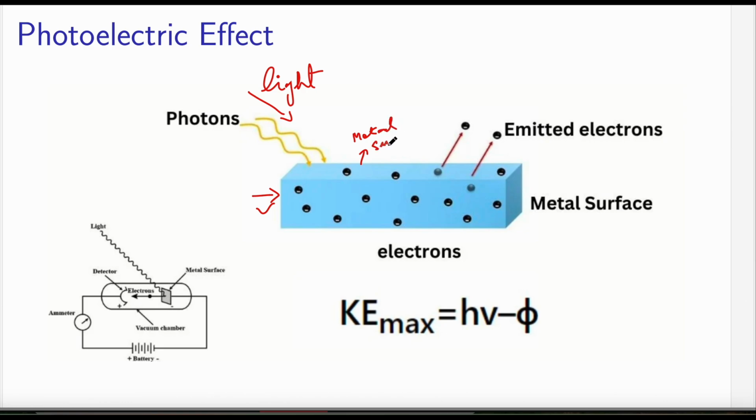When light of a certain frequency falls on the metal surface, what we have is emitted electrons. There are electrons inside the metal, and some of those electrons are emitted from the surface. Since electrons have charge, we get what is called photocurrent, because this current is excited by photons.